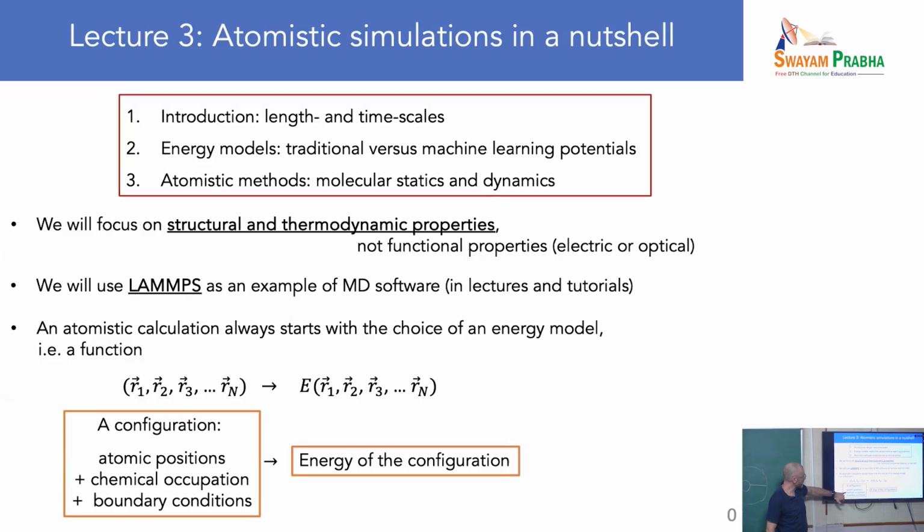Then we also need to know what is the chemical nature of each of these atoms. And then we also need to specify boundary conditions. So these three ingredients together form an atomic configuration. And then the energy model will tell me, for these atomic positions, these chemical natures, and these boundary conditions, what is the energy of the system.